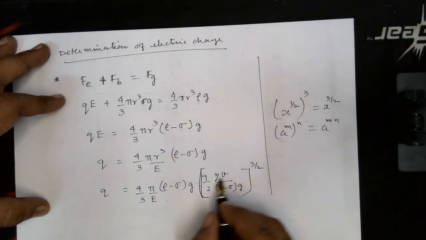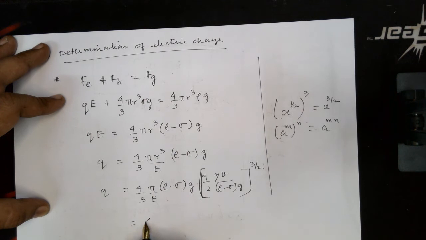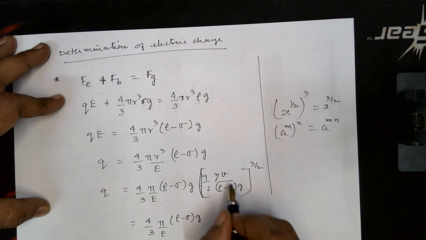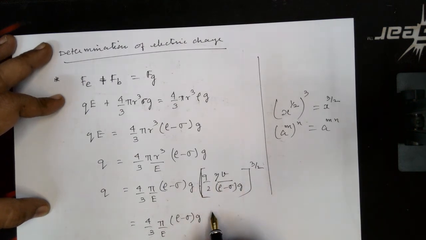Now I can bring this cube inside. Therefore 4 by 3 pi by e into rho minus sigma into g, and I can take 9 cube means 27. 9 cube means what? 9 into 9 into 9, is it not? Okay, 9 into 9 into 9, 9 cube divided by 2 into 2 into 2, 8, is it not?